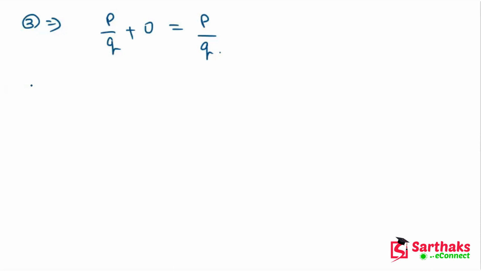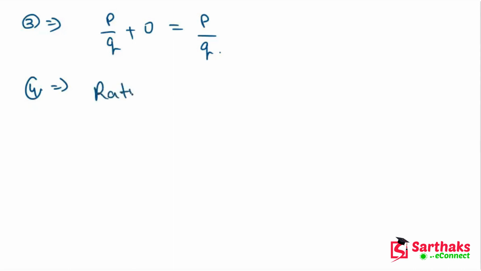Yes, the fourth property is, rational numbers are closed under addition, subtraction and multiplication. Closed under addition, subtraction and multiplication means if we add two rational numbers, then we get a rational number. If we subtract any two rational numbers, then we get a rational number. If we multiply two rational numbers, then we always get a rational number.